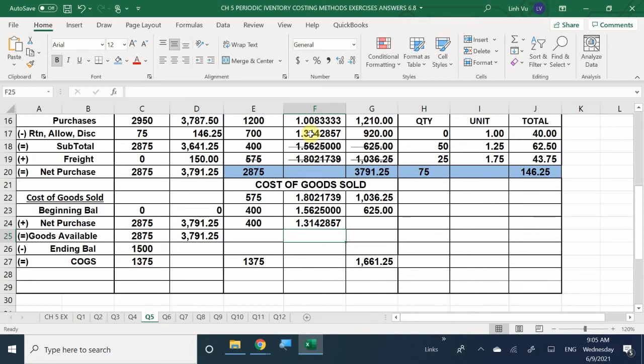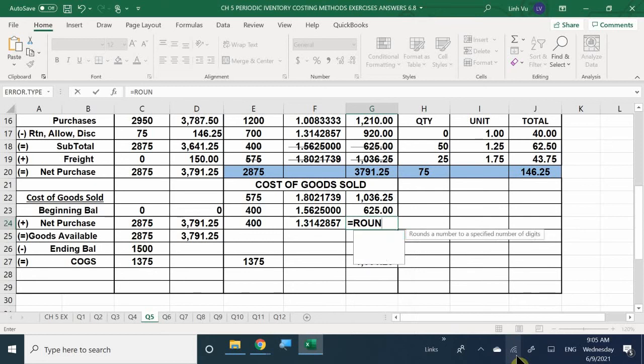So I need to take my 400 and multiply it by my cost per item to get me my total cost. So in this case, because I have this ongoing number, I'm going to throw in my equal round formula because I want to round at the end. Not here in the cost per item, but at the end for my total cost.